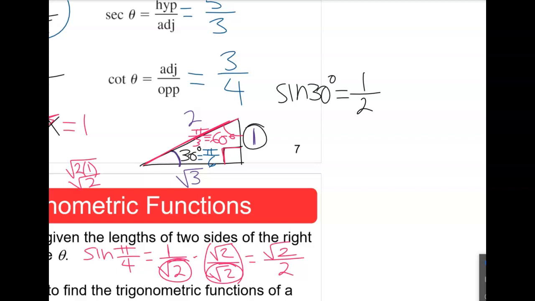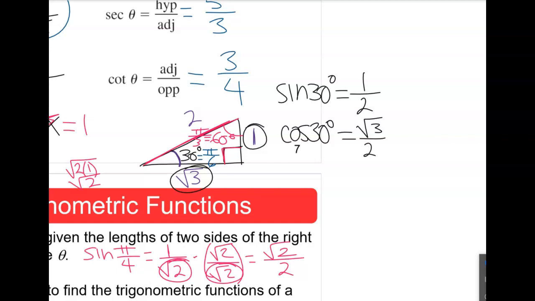If I ask you what is the cosine of 30 degrees, then it will be the adjacent side, which is here the square root of 3, and the hypotenuse is just 2. And so that's what we discussed yesterday, in the previous video.